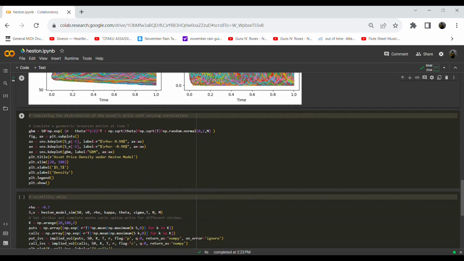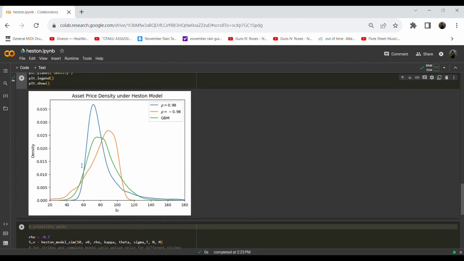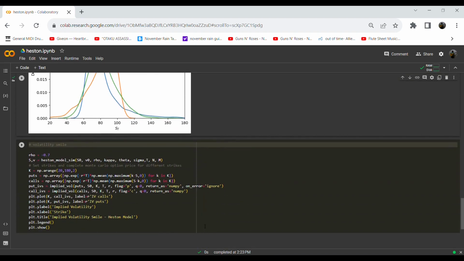For this we are going to simulate a geometric Brownian motion at the final period. So we have here the asset price density under the Heston model, and let's move on and finally plot the volatility smile of our simulated model, our simulation of the Heston model.